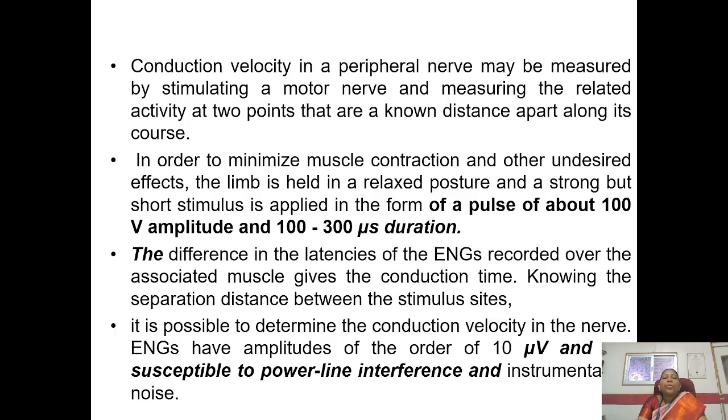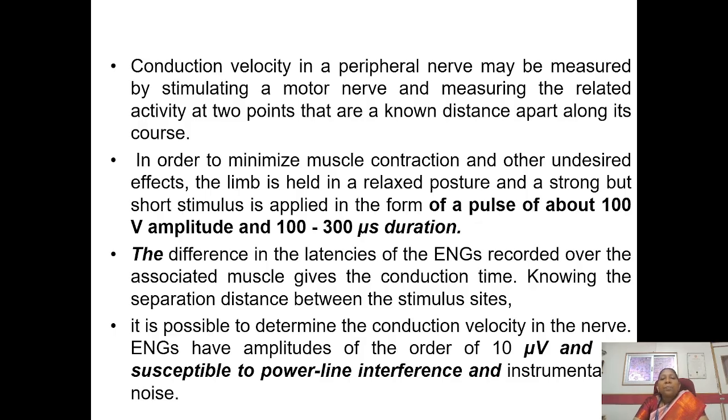Using that, we can calculate the nerve conduction velocity as distance divided by time. For normal people, the nerve conduction velocity will be normal. But in people affected by stroke or any paralysis, the nerve conduction velocity will definitely be less.